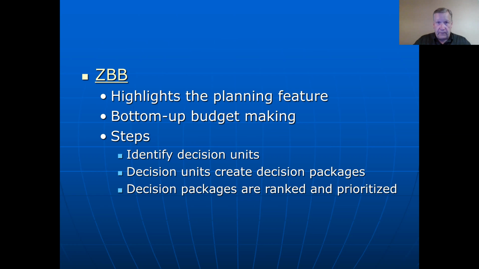Anytime you include more information into your decision-making, you are moving from the incremental to the more rational. And we know we can never be purely rational with anything that we do in public administration, but at least we're moving a little bit more toward rationality by using more information and allowing our budget document to be of more utility to us than just controlling the amount of money that we are spending.